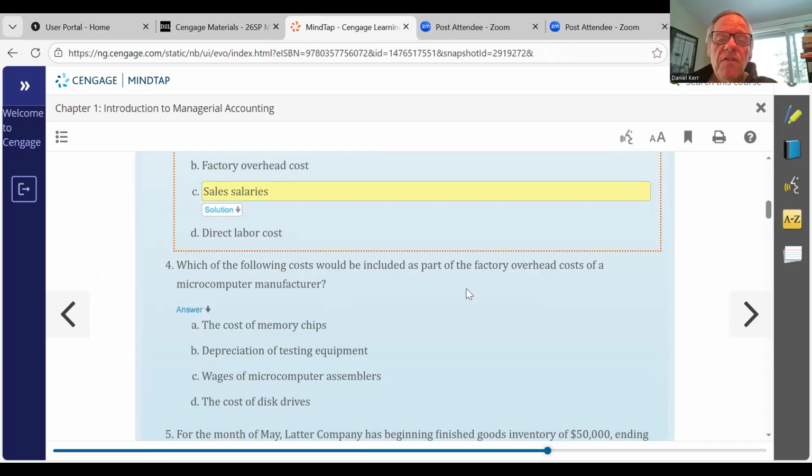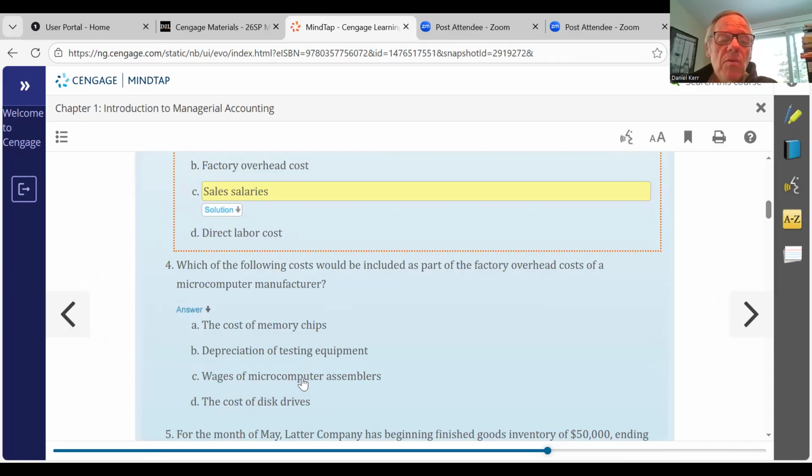So looking for factory overhead, those are things that go into the production of the item for a microcomputer that are traced to the item, but do not include materials and do not include labor. All right, so the cost of memory chips, that would be part of the materials. Depreciation on testing equipment, well, that sounds like an overhead cost, so I'm going to say B is a good one.